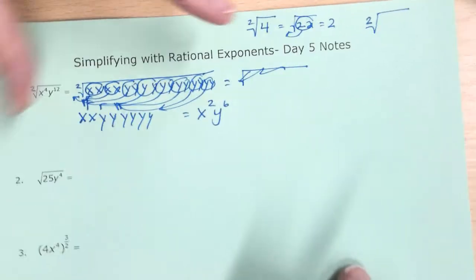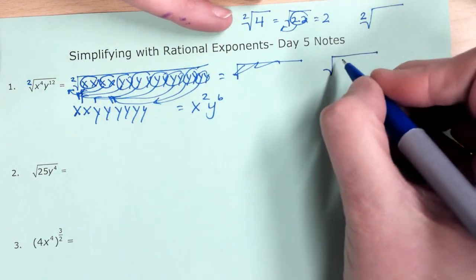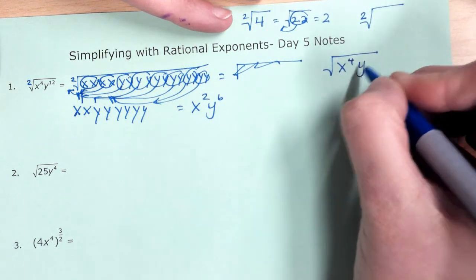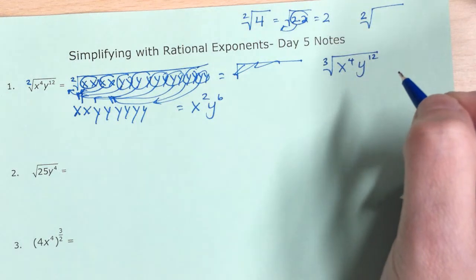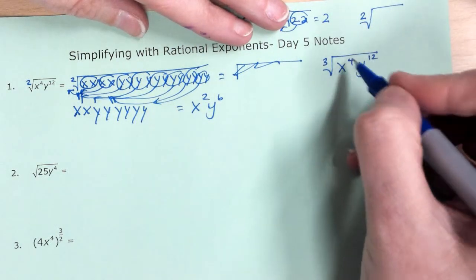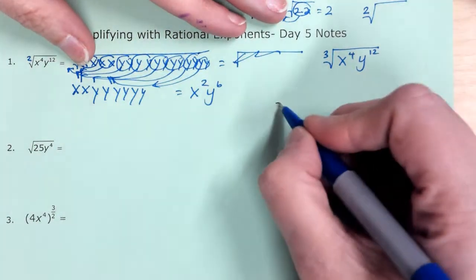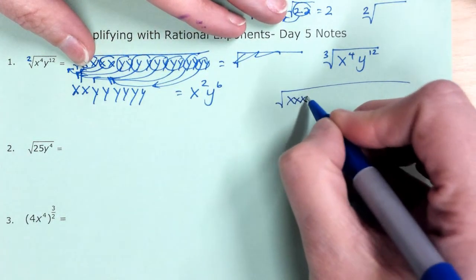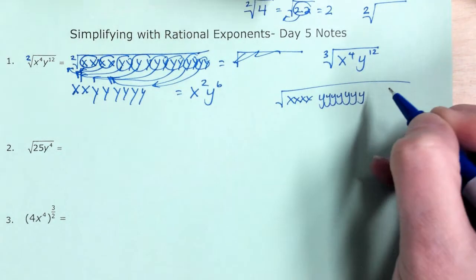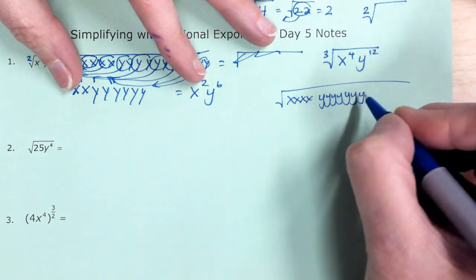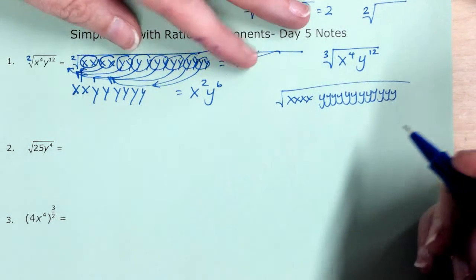Now let's pretend that this had been the cube root. So we had x to the 4th, y to the 12th, but we had a 3 out here. What that 3 means is that I have to have them 3 at a time to pull them out. So I would do the same thing: x, x, x, x, and the y's.